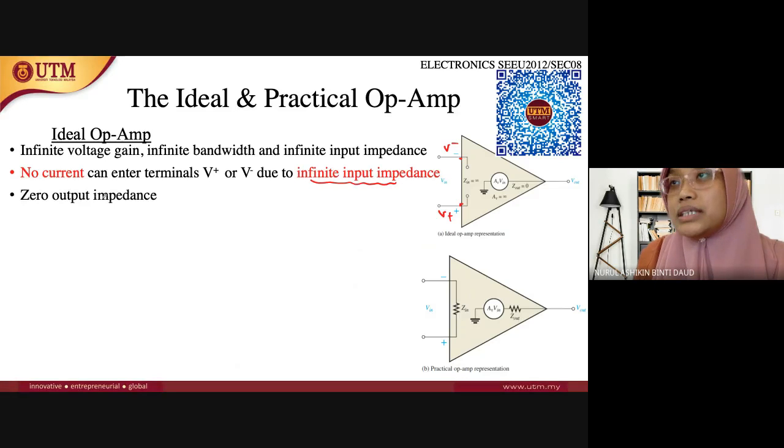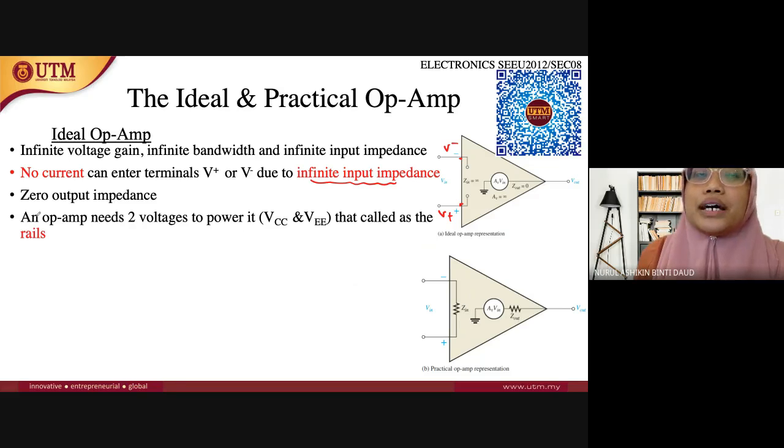Because of that, the output impedance becomes zero, and the output voltage becomes very small. With a zero input, the output also becomes 0.